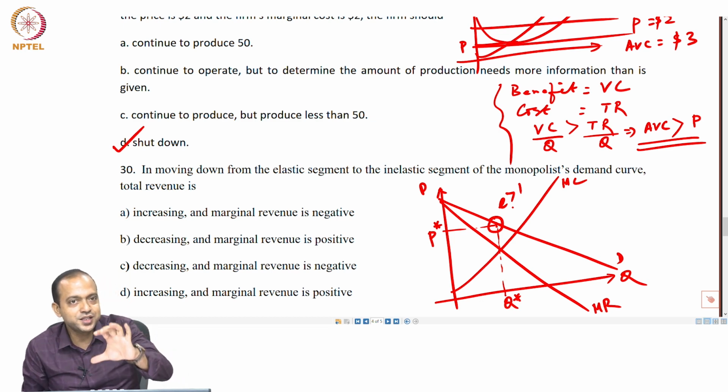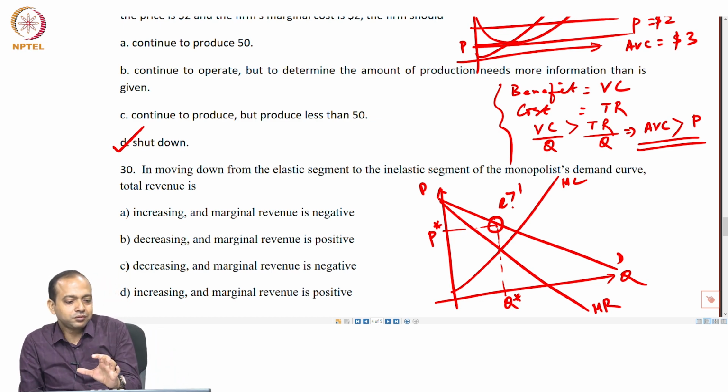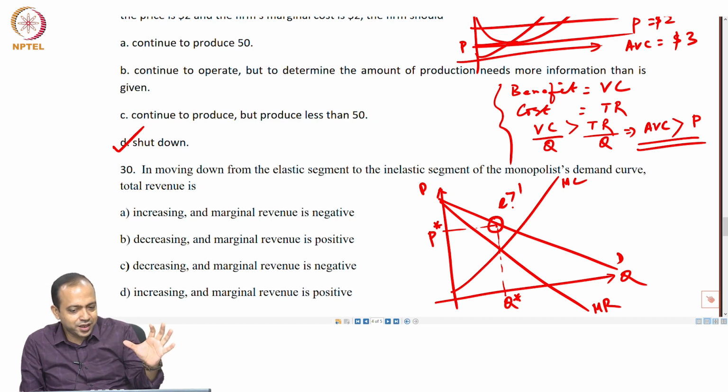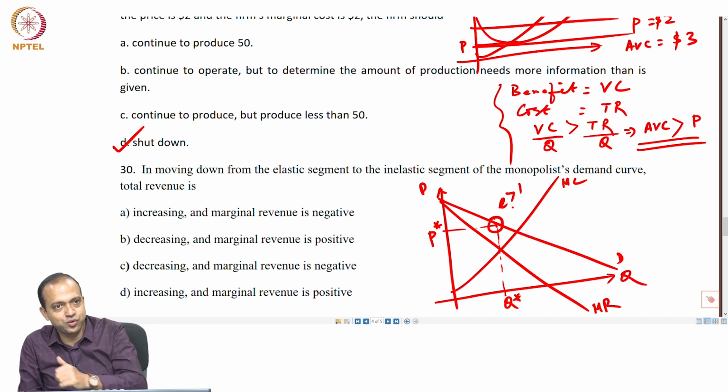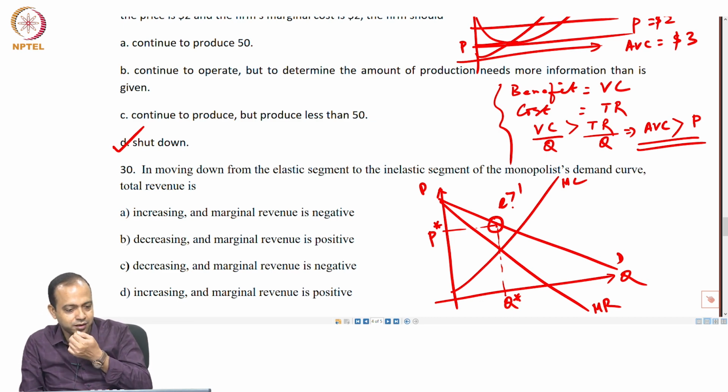So, obviously, if that is the equilibrium, then total revenue cannot increase by moving to the inelastic region. If that was the case, monopolies would not have operated here. Equilibrium is here means you cannot get more by moving from the elastic region to the inelastic region.